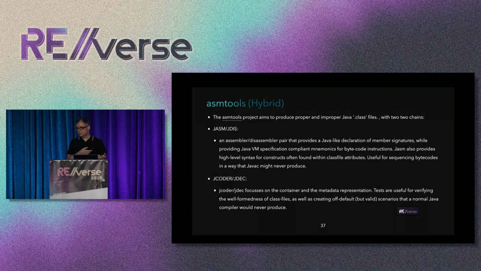You disassemble it, then you put in your sequences, and then you reassemble it, and you have a new class file, and then you put it into the decompiler and it breaks. So that was the workflow I applied there. That is one tool chain, and the other tool chain that is more concerned about metadata is JCoder and JDEC.